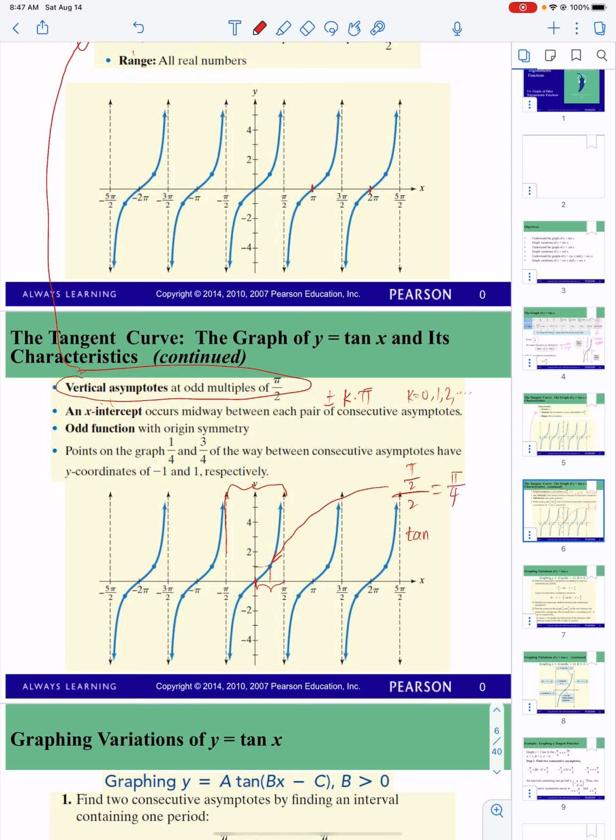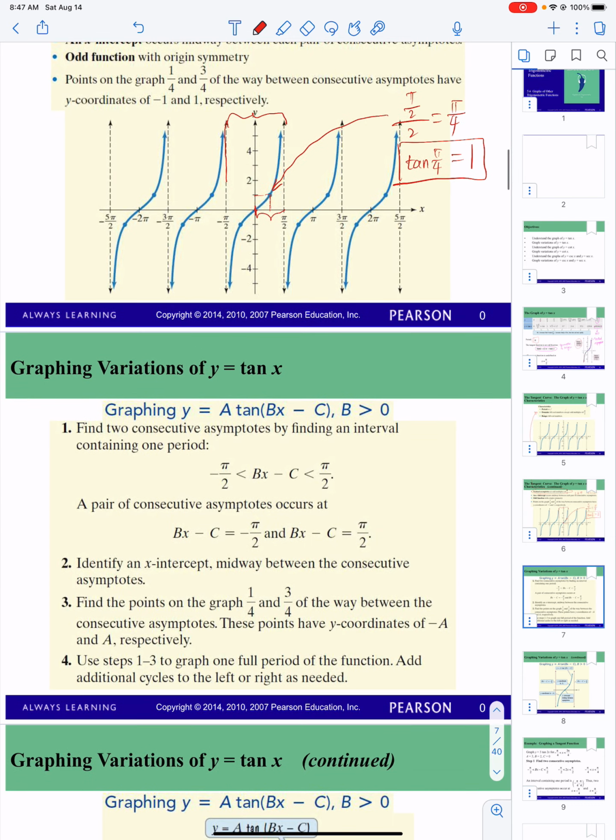And what is tangent of pi over 4? This is equal to 1. This is a very important property, because later, when we graph the variations of tangent x, we do need to pay attention to this point. It's just like the amplitude for sine and cosine. This is one of the special points that you need to pay attention to for tangent and cotangent functions.